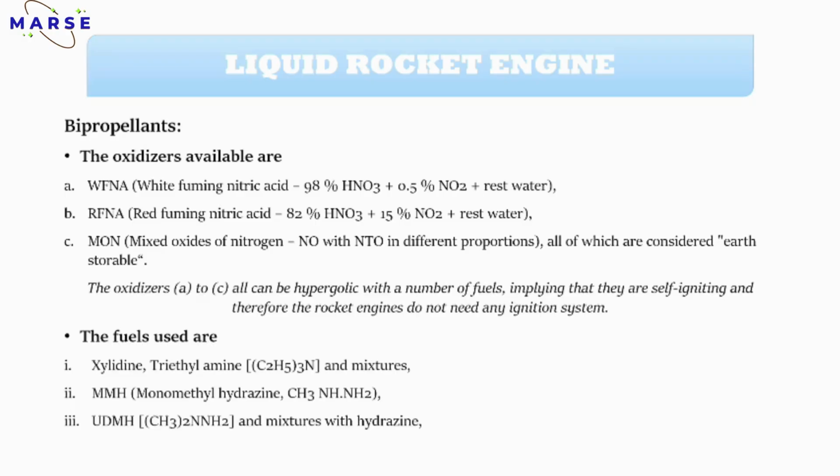So when they contact each other, they will automatically start to burn. Understood? So when hypergolic propellants contact each other, they automatically burn. So that's why they won't need any ignition system.